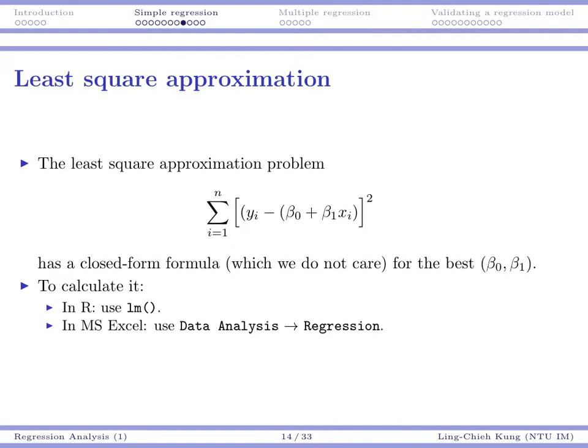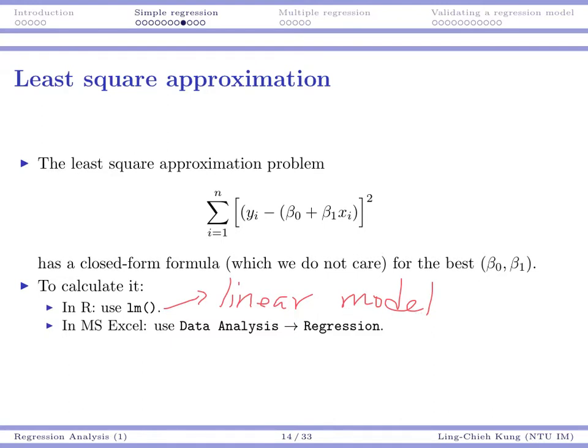If we are using software, today almost all the statistical software has some functionalities for you to do regression. If we are using R, we can simply use the function called lm, which stands for linear model.